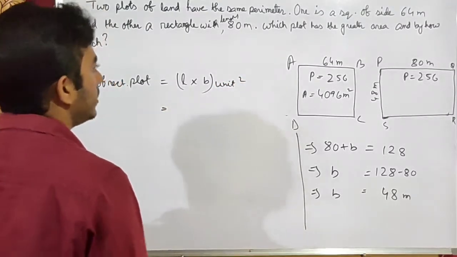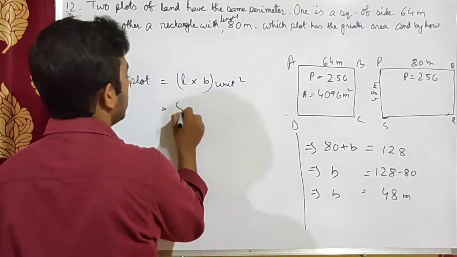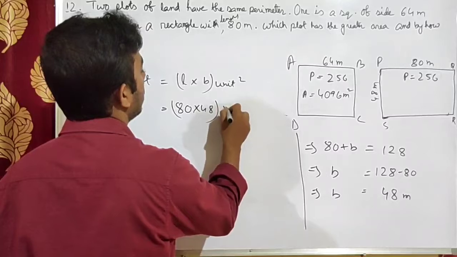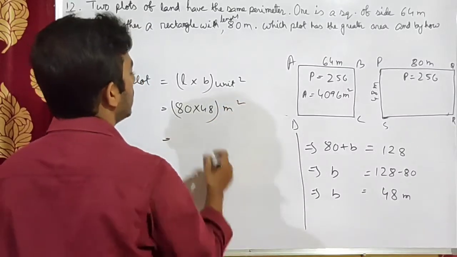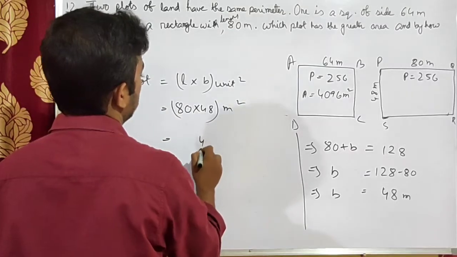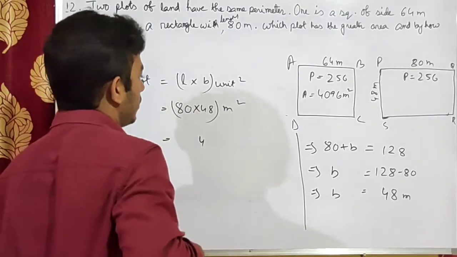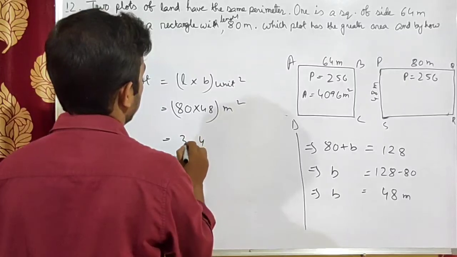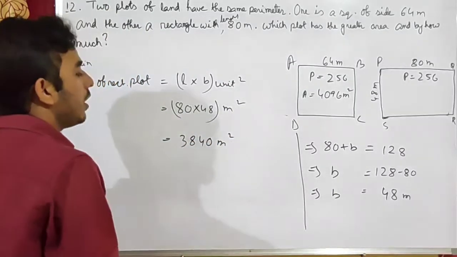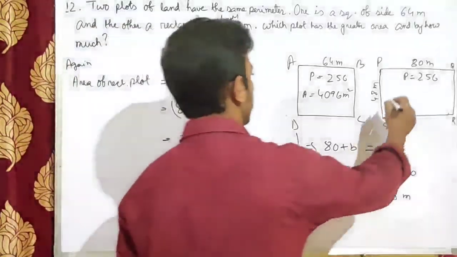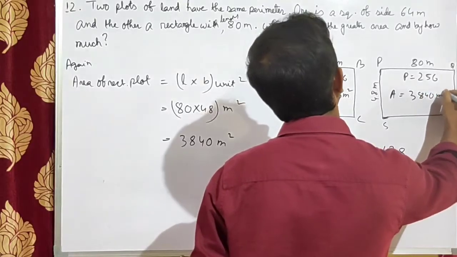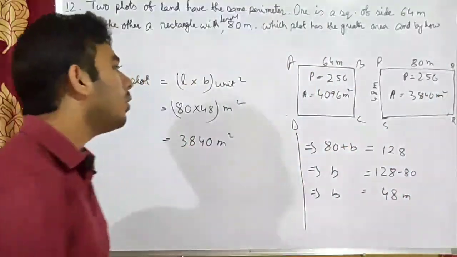So its length is 80 into 48, then meter square. So 80 into 48 is how much? 8 into 8 is 64, 8 into 4 is 32, so it is 3840 meter square. So the area of the rectangular plot is 3840 meter square. Okay. So now which one is greater?